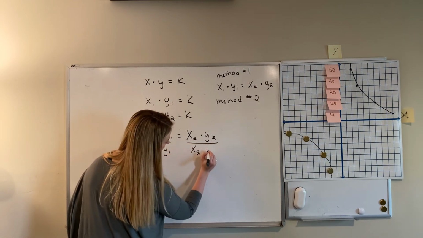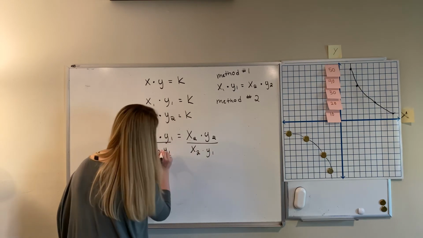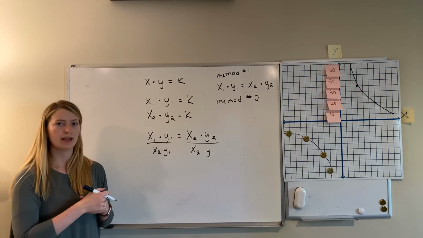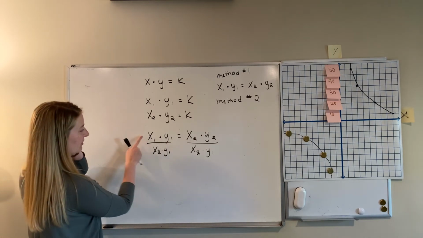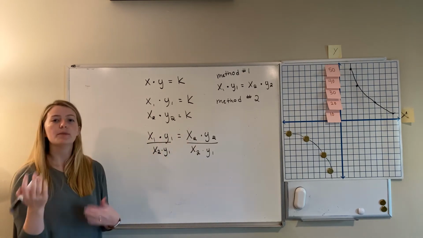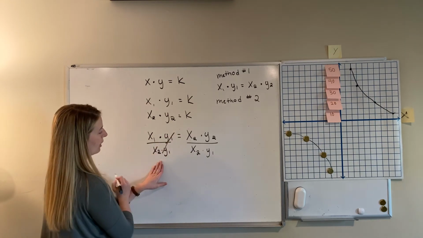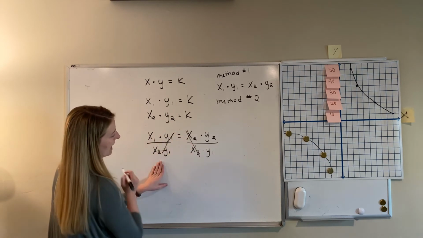And again, you could have done y2, x1. Doesn't matter, but you just have to pull something from here and something from here to divide out because you're trying to get something to cancel. As is currently written, my y1's cancel, my x2's cancel.